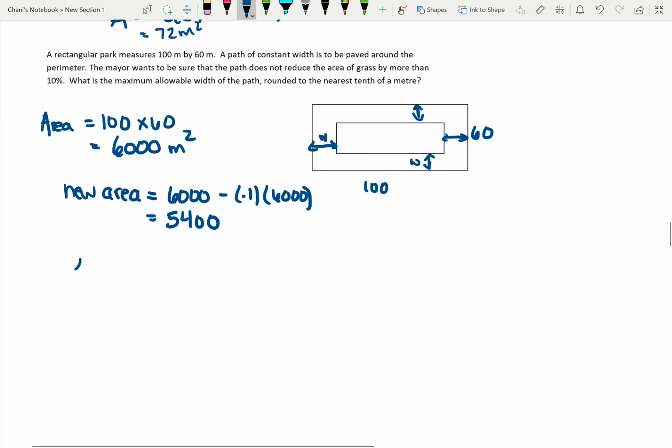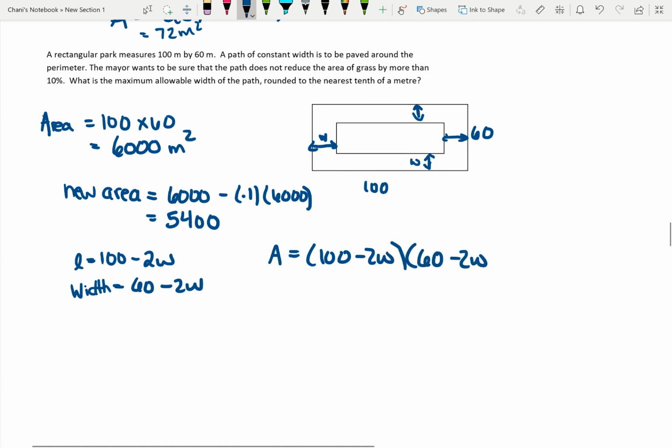So our new length is 100 minus 2W, because it was 100, but we're taking out a W on either side. And our width is 60 minus 2W for the same reason. So our area formula then is 100 minus 2W times 60 minus 2W.